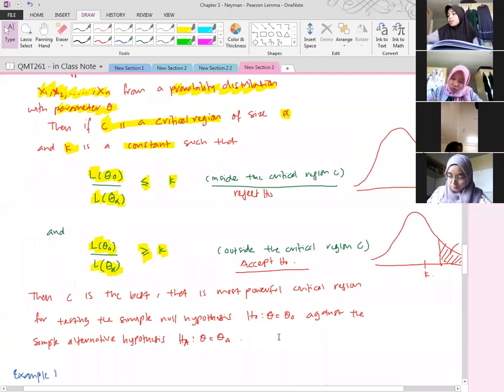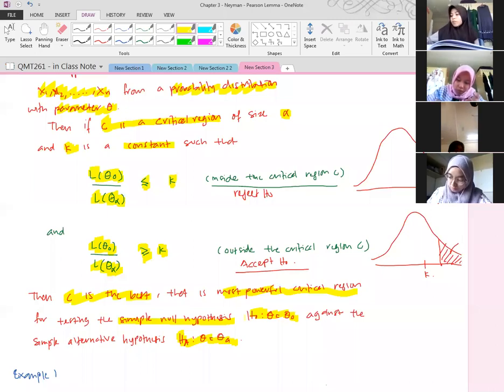So then C is the best and most powerful critical region for testing the simple null hypothesis theta equal to theta naught against the simple alternative hypothesis. To find the critical region using the Neyman-Pearson Lemma, we need to make sure we have a simple hypothesis only.